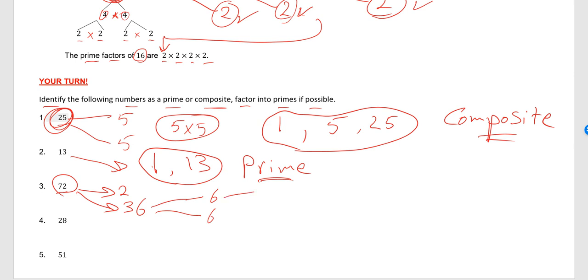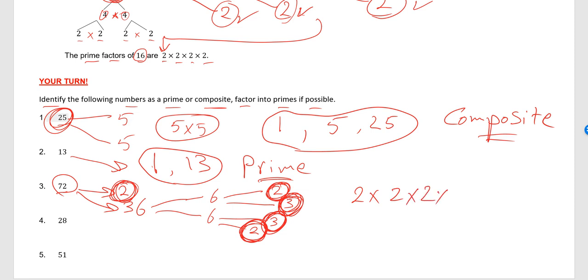Each of these 6s breaks down to 2 and 3, and then 3 and 2. So the prime factors of 72 are 2, 2, 2, 3, 3. So 2 times 2 times 2 times 3 times 3. And 72 is considered a composite number.